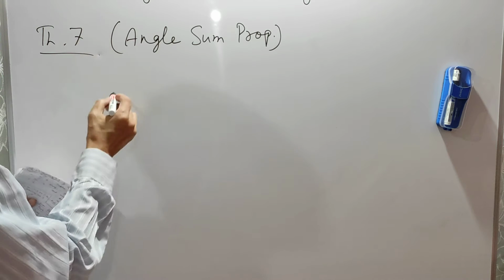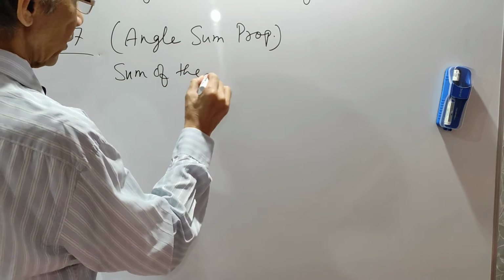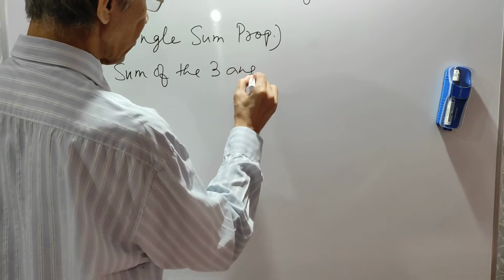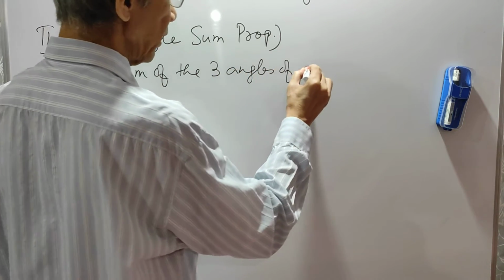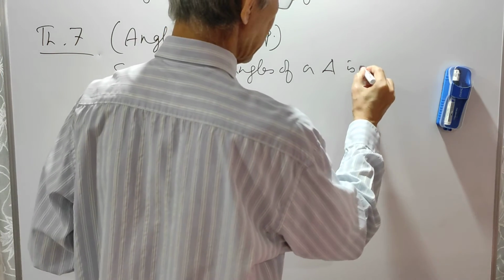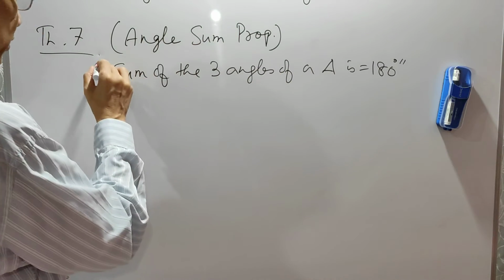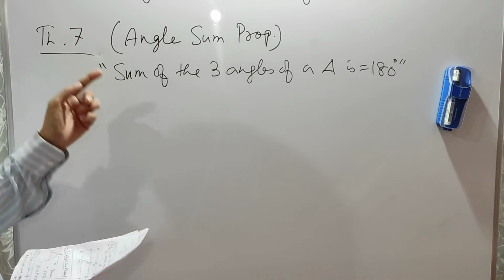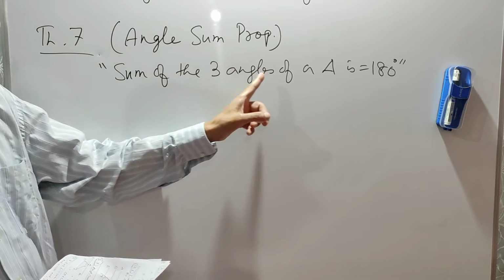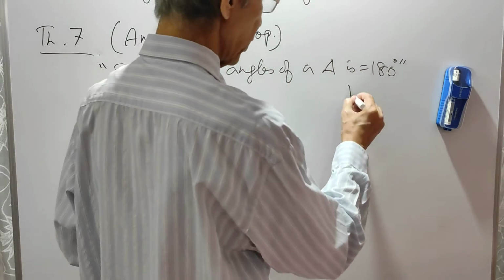So that is the statement of the theorem: the sum of the three angles of any triangle is equal to 180 degrees. This theorem says the sum of all three angles of a triangle is 180 degrees, and this is what we are going to prove.